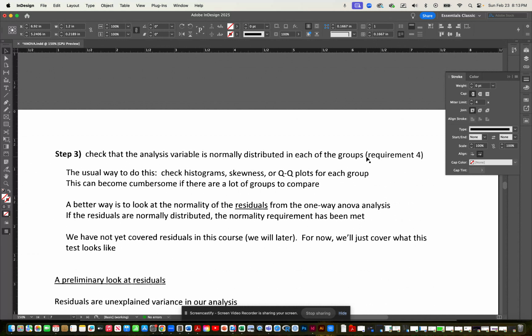So a better way is to look at the normality of the residuals from the one-way ANOVA analysis. If the residuals are normally distributed, then the normality requirement has been met. Now, here's the thing. We haven't covered residuals in this course yet. We will later, or we might later. For now, just take it by faith that this is what it looks like.